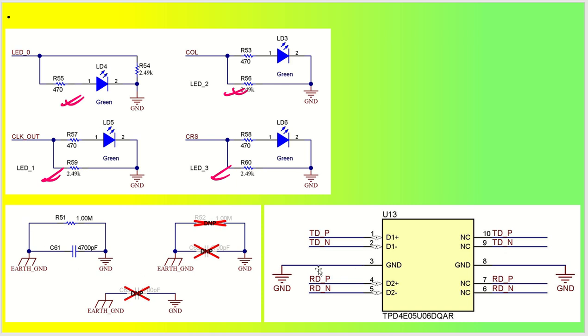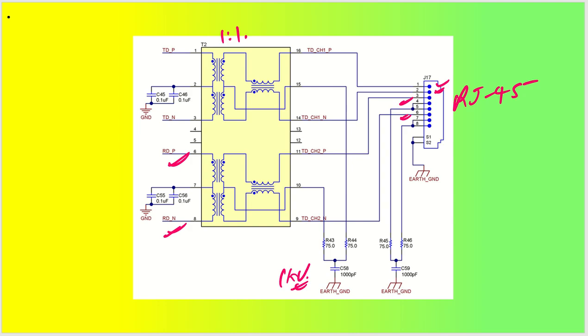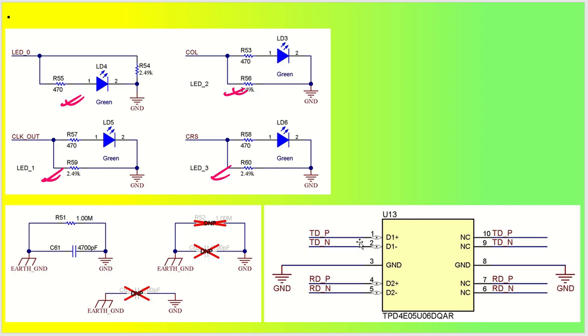One more thing that we always do for the transmit differential lines and receive differential lines is protect them against ESD. For ESD protection we utilize ESD diodes. This is the ESD diode that is used for your transmit differential pair and receive differential pair lines, that is TDP and TDN and RDP and RDN.